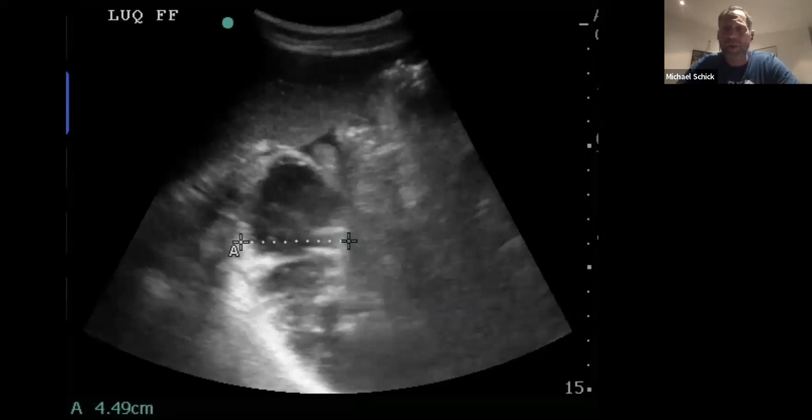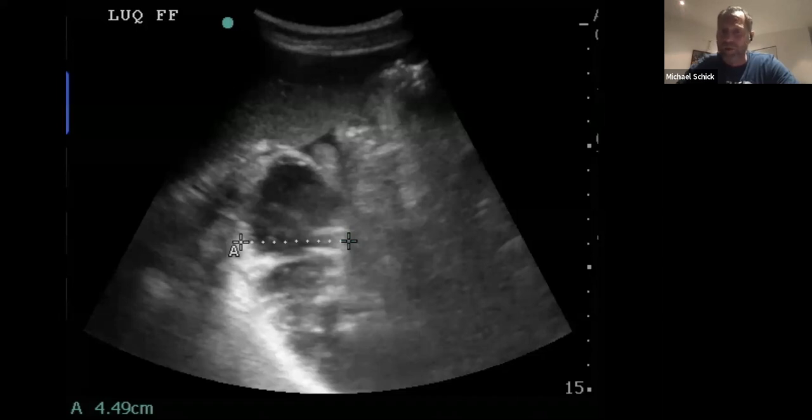And this wasn't the only place that had a normal looking bowel, but this was one particular loop of bowel that looked quite dilated. So you can see we're measuring it at 4.49 centimeters. And at least I believe this is small bowel because I think I can see some plicae circulares there in the middle. And that shouldn't be more than 3 centimeters, and it's 4.5.